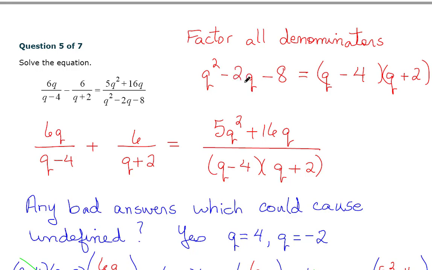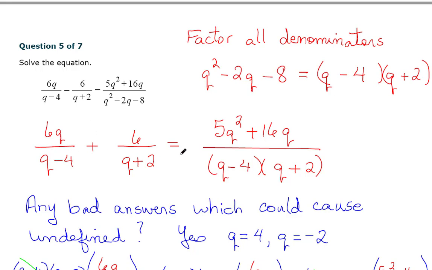So yes, that is a minus 2q, and I've got a minus 4 times a plus 2 to give me a minus 8. Now, another way to look at it is it's a math problem. Things are supposed to work out reasonably nice. So my first guess on how to factor it is going to be these two pieces.